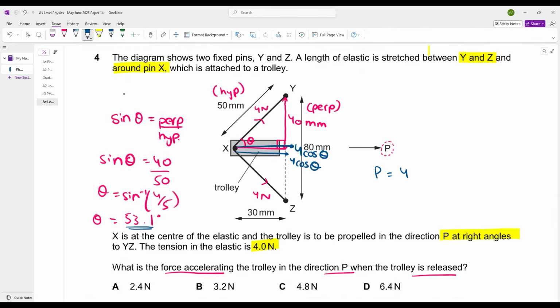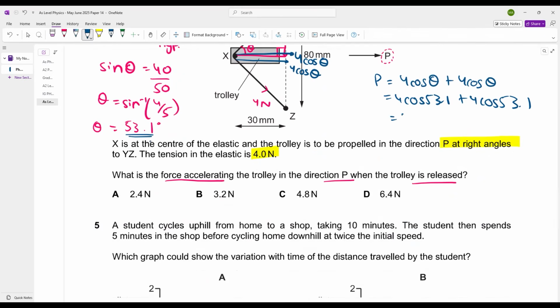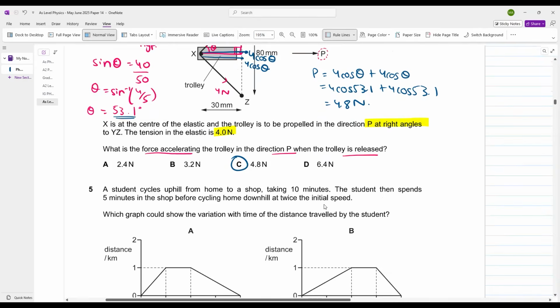P is equals to 4 cosine theta plus 4 cosine theta. 4 cosine 53.1 plus 4 cosine 53.1. This comes out to be 4.8 newtons. बेटा आपका आंसर आ गया 4.8 newtons. C is your answer. Simple, easy peasy, lemon squeezy, nothing complicated here.